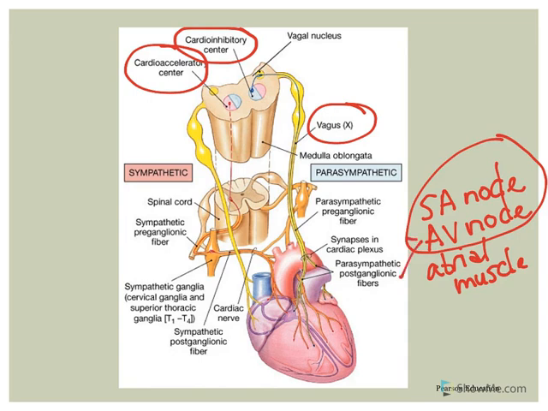Now, if you affect the AV node, that's going to affect conduction from the atria down to the ventricles, through, remember, the AV nodal delay that's important for allowing the ventricles to fill. So that can affect the delay you normally have as the impulse goes from the SA node ultimately down to the ventricles.